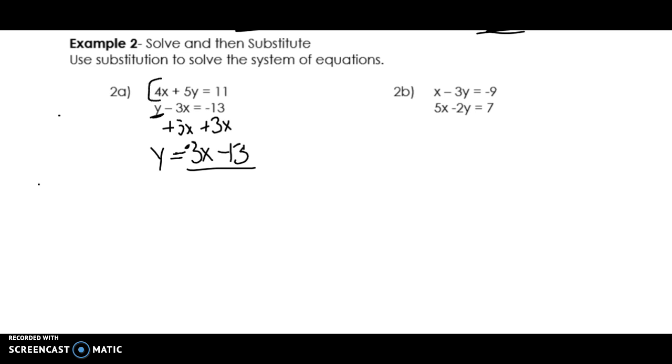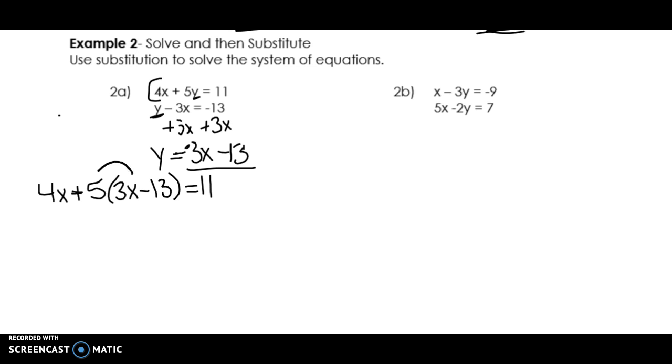So now I have 4x plus 5 times, I'm going to plug in 3x minus 13 here, equals 11.